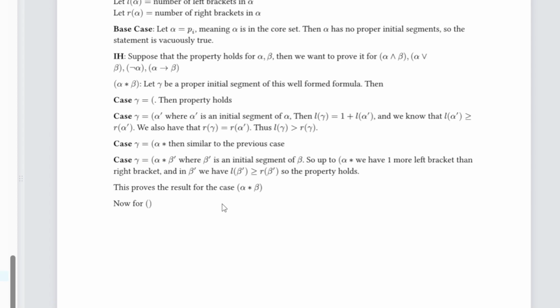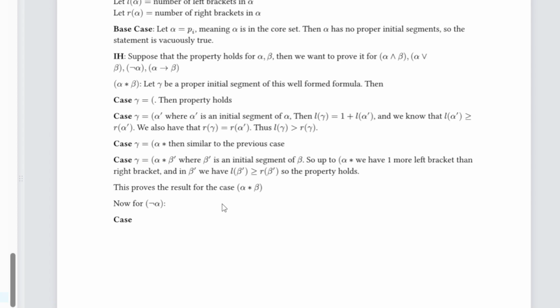Now for open bracket not alpha, close bracket, it's a similar process, so I will skip the similar cases.